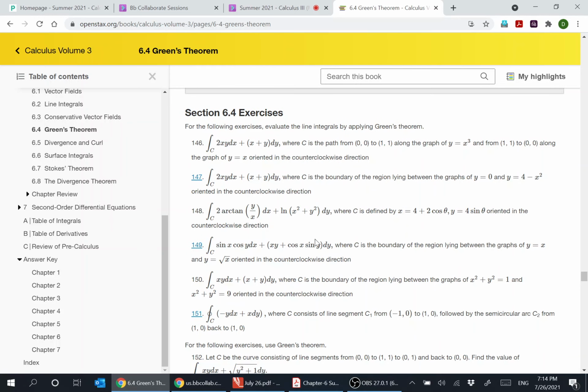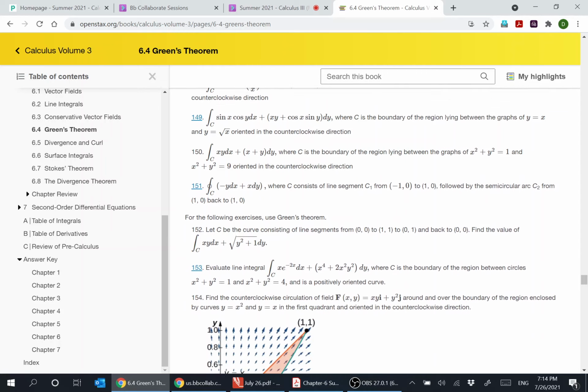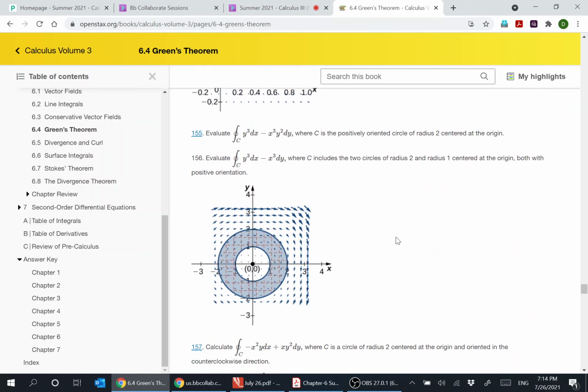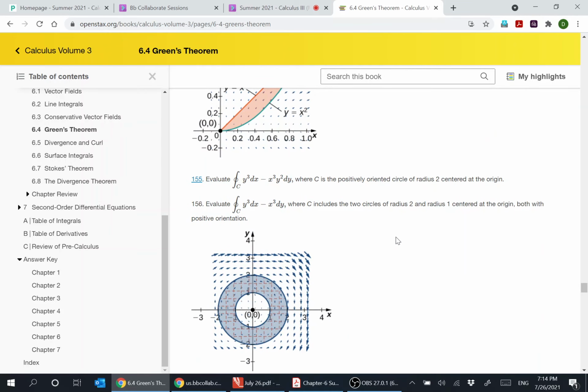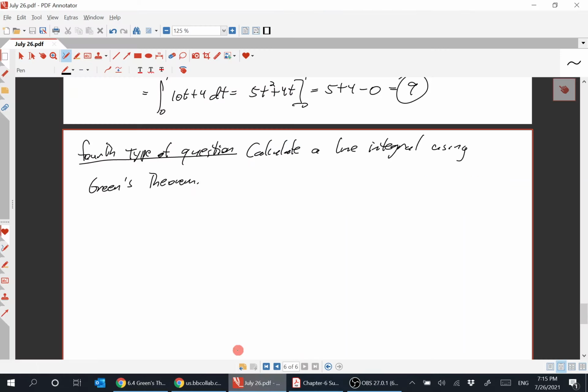Oh, 148 looks, that's not a good example. So, number 155, say, y to the third minus x to the third y squared.